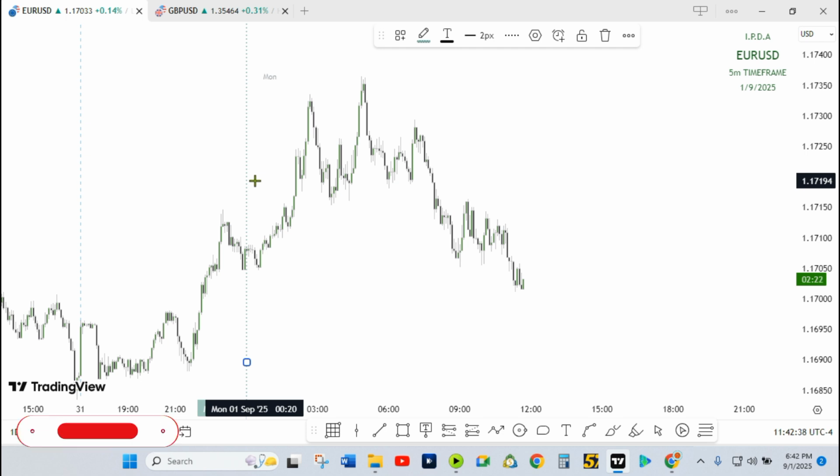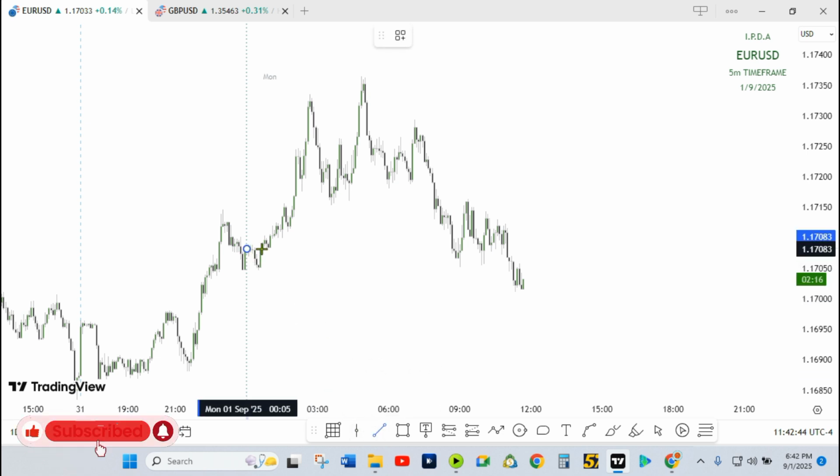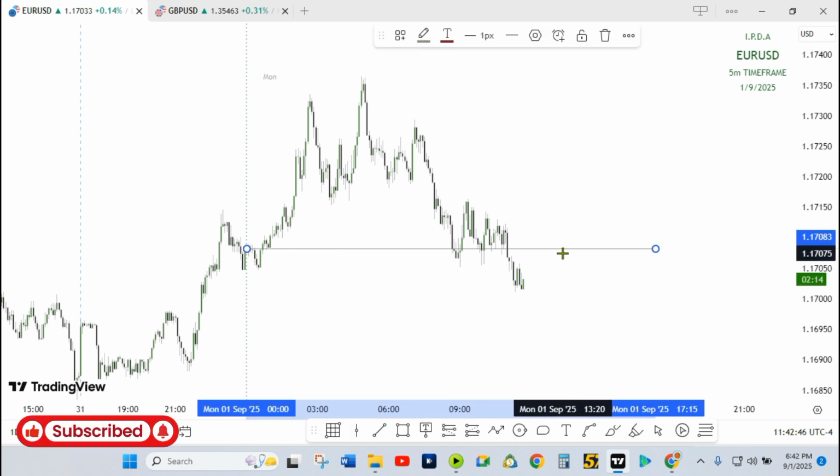Understanding where the daily transactions begin helps us to know the equilibrium of the day according to price.